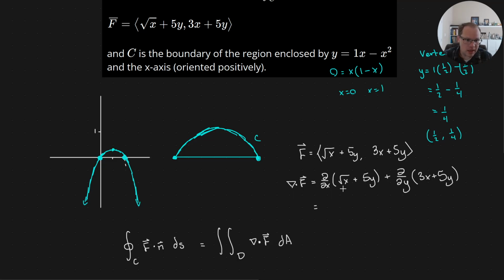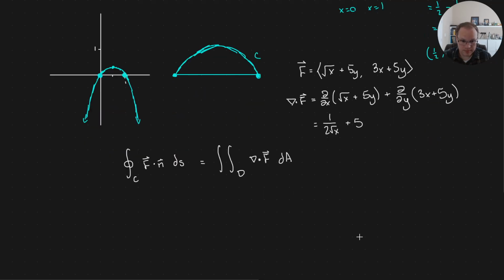And so I would get 1 over 2 root x for this first derivative, plus 5, which is the second derivative. That's the divergence of F. That's what's going to go in the integrand.